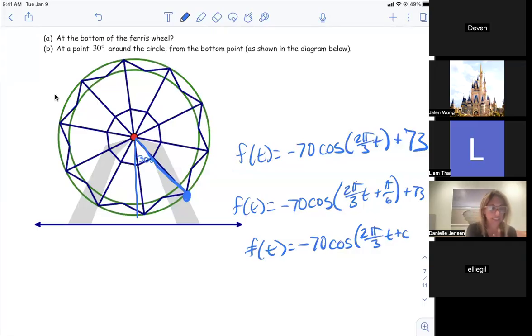You can do plus or minus c. When you solve for c, it'll come out whether it's plus or minus. So say I'm a little unsure about how I'm shifting it. Like you said, you thought plus pi over 6, that made sense to you, but say I didn't know and started overthinking it.